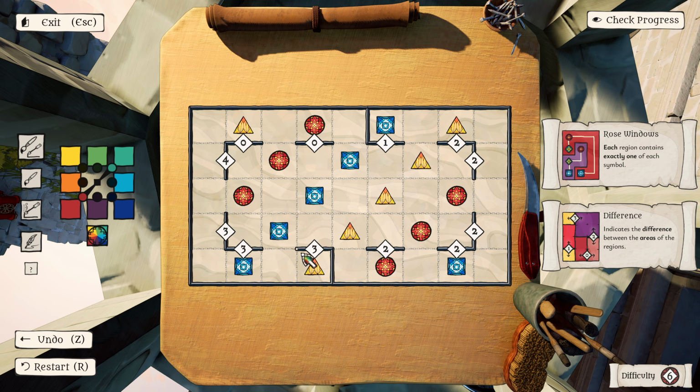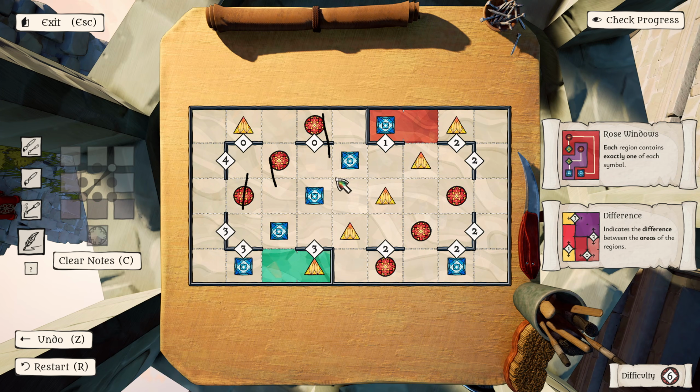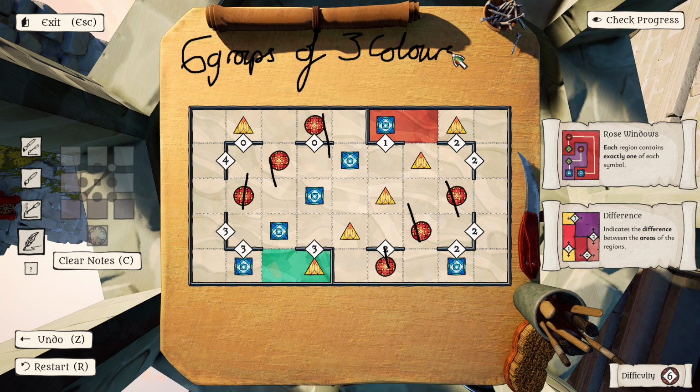First of all, stuff we know. That must get out. That must get out. We have 1, 2, 3, 4, 5, 6 groups of yellow, red, blue. 3 colours. Keep that in mind.